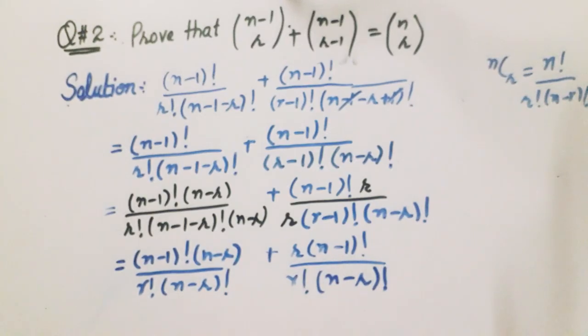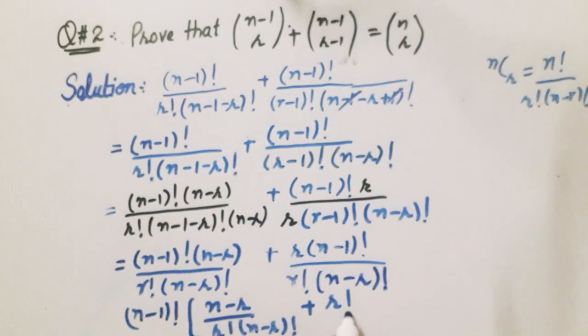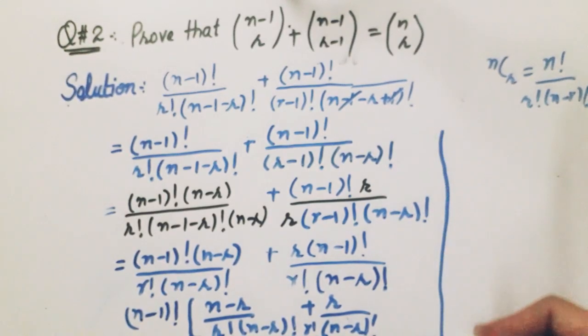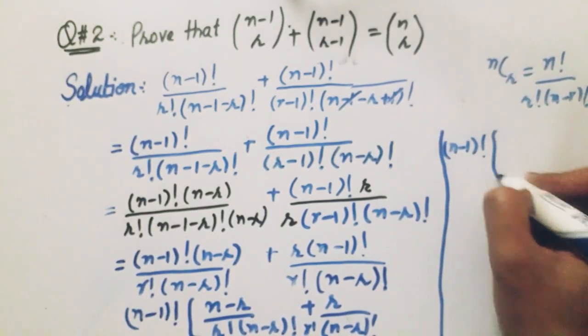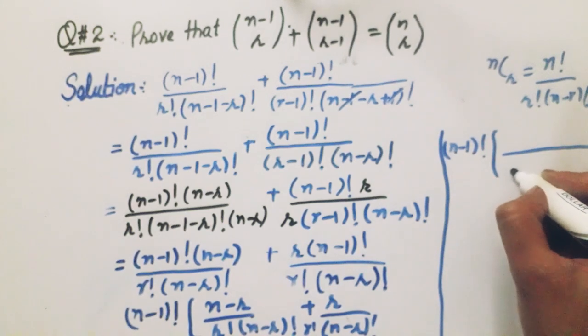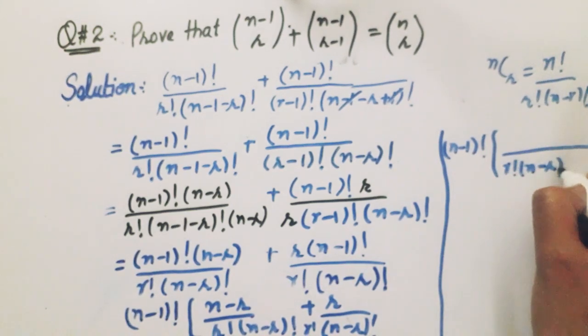Now you can take n minus 1 factorial as common. So remaining is n minus r by r factorial n minus r factorial, plus r by r factorial into n minus r factorial. Now you will solve this here. Take n minus 1 factorial as common, and by taking LCM you will get r factorial n minus r factorial.